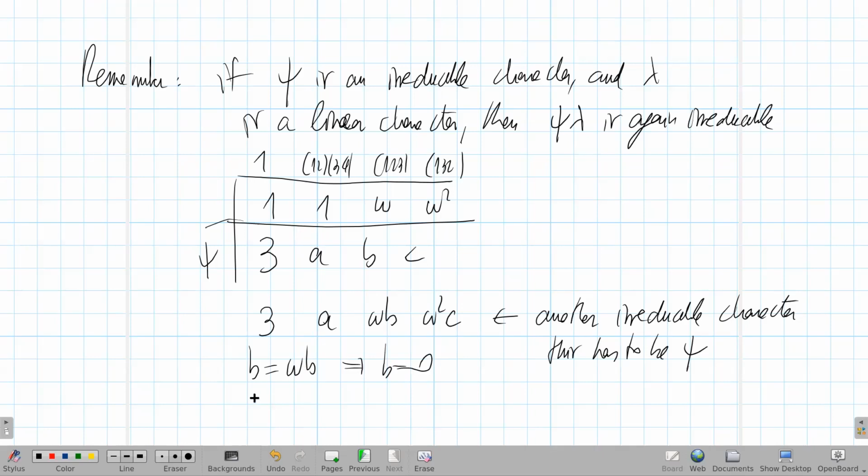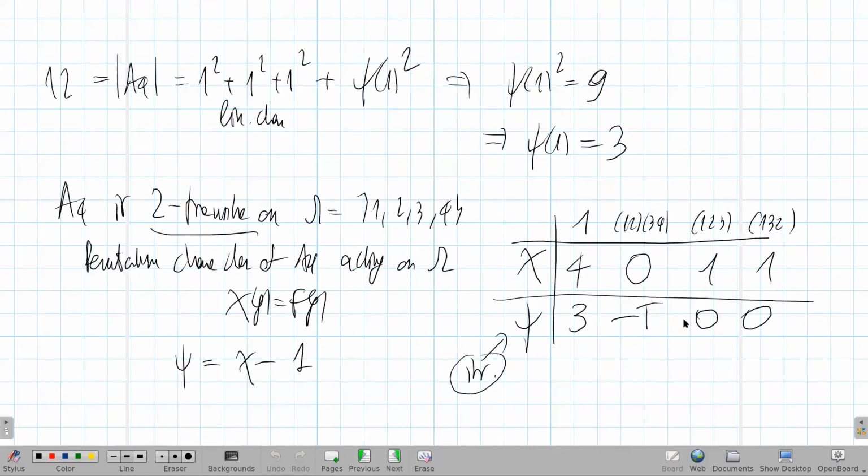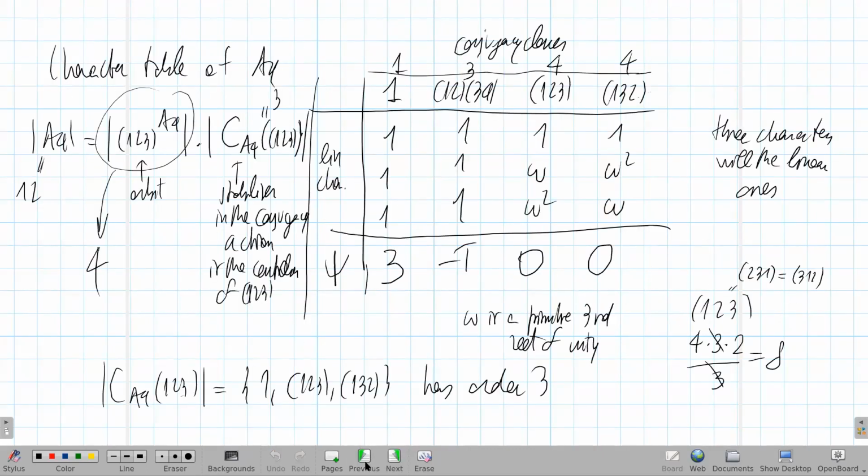Similarly, c equals omega squared c, and since omega squared is different from 1, c is 0. So we see the reason why b and c are 0: this character remains irreducible if you multiply by this linear character. Since there is exactly one character of degree 3, these two values have to be 0. Whereas here we are multiplying by 1, so nothing happens.